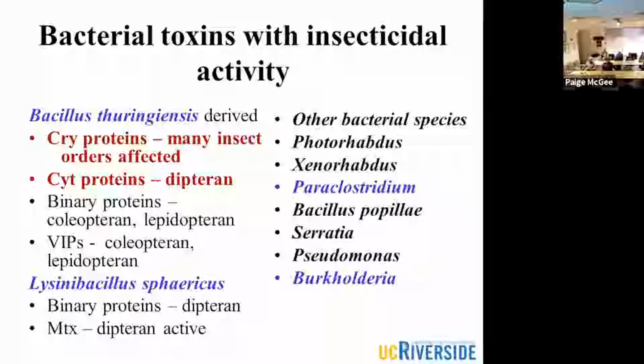Thuringiensis also produces binary proteins, which are active against Lepidopterans and Coleopterans, and vegetative insecticidal proteins, which are active on Lepidopterans and Coleopterans. The other one is sphaericus, which is very effective against Culex species and also Anopheles. It produces binary toxins and also another toxin, the Mtx toxin, which is intracellular acting.